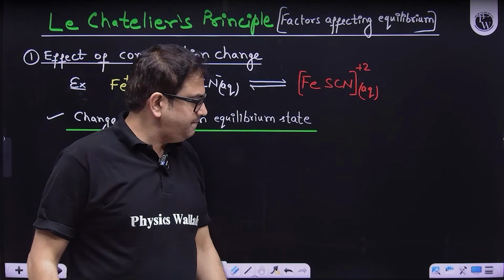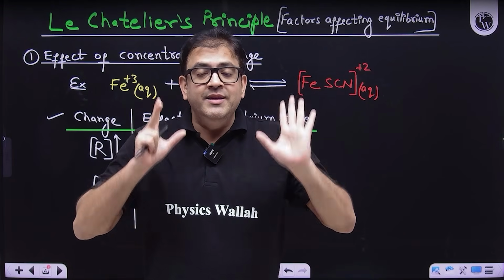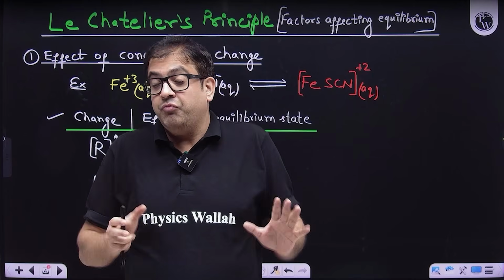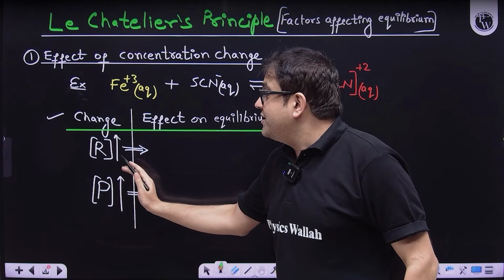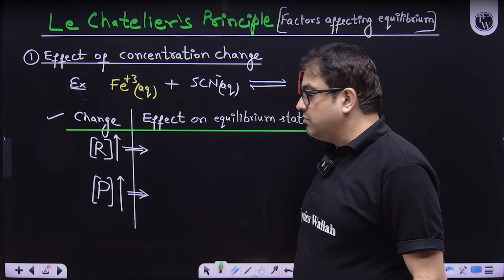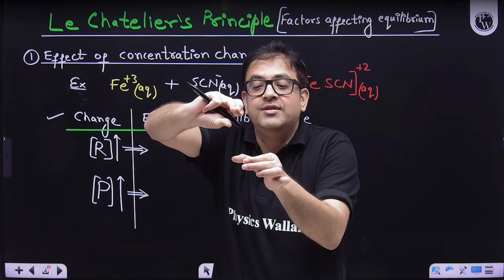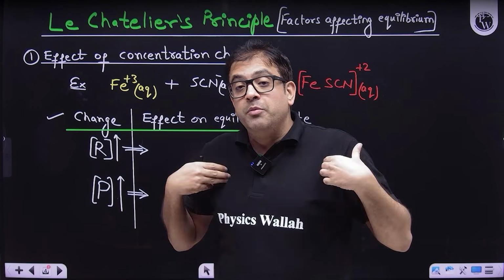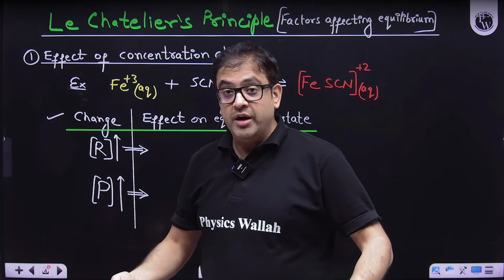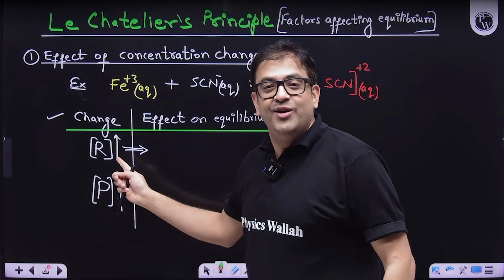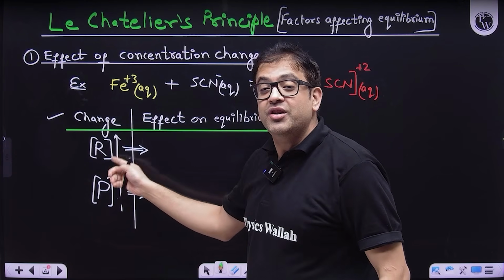Okay, now equilibrium has been reached. If you disturb this equilibrium by changing concentration, what will happen? Suppose a solution has already formed and you are adding Fe+3 ions. What will the equilibrium feel? You are increasing the concentration of reactant. You said that it just has to oppose. So in order to oppose, what has been done externally is that the concentration of reactant is increased.